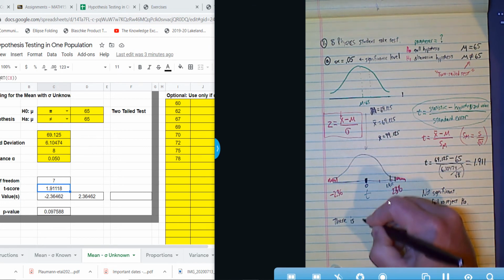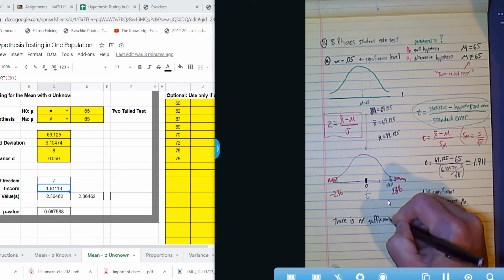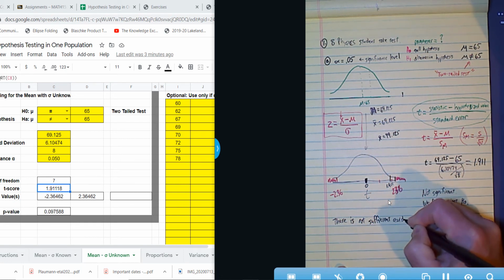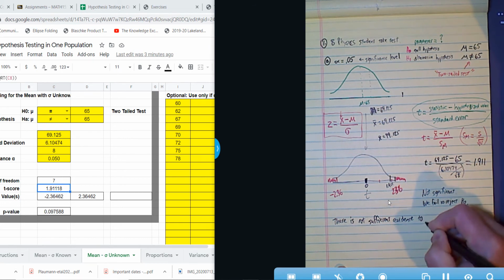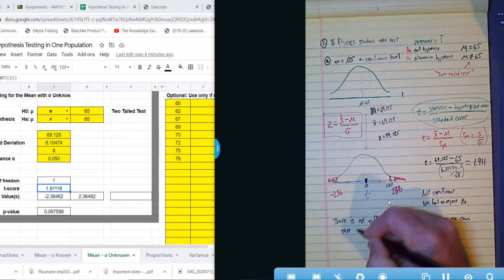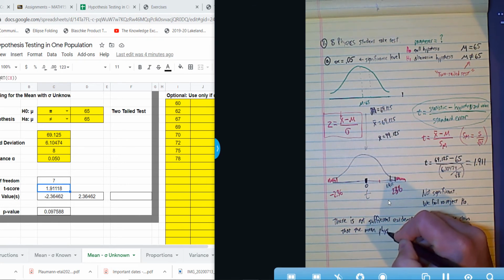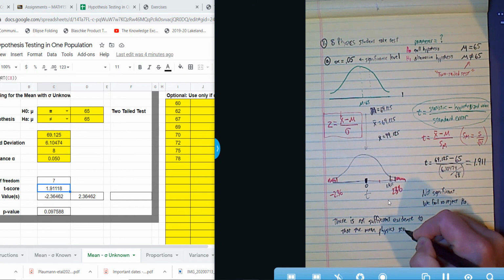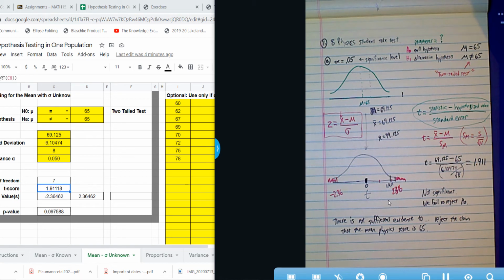You're going to say, there is not sufficient evidence to, and then whatever it is. So in this case, to reject the claim that the mean physics score is 65.